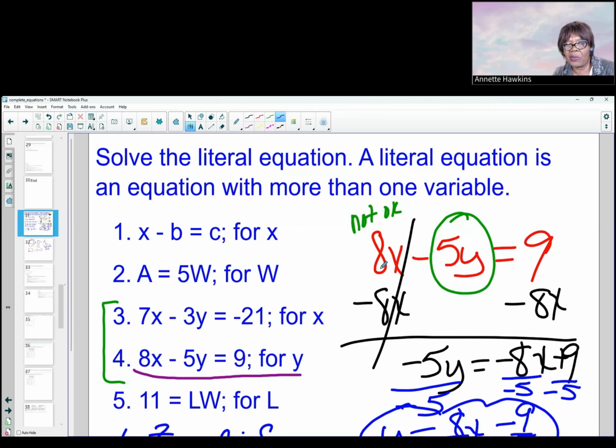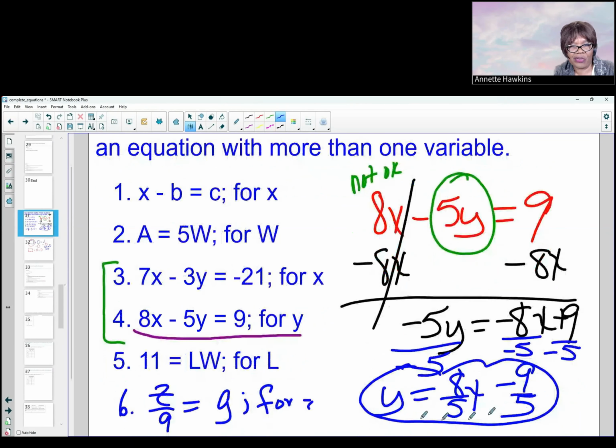Whatever you're solving for with an equation, it needs to be on a side by itself, and it has to have a coefficient of 1, okay? And I pointed this out because we will be graphing, and so we need to know how to solve the equation for y.